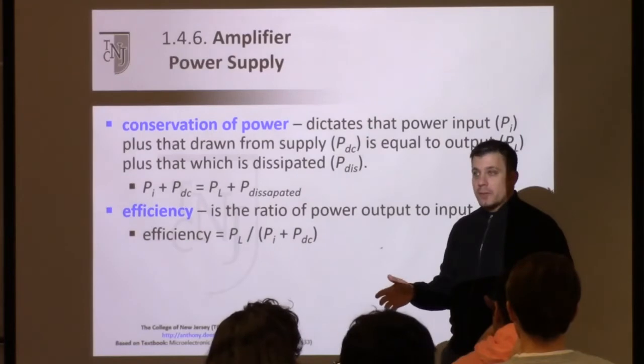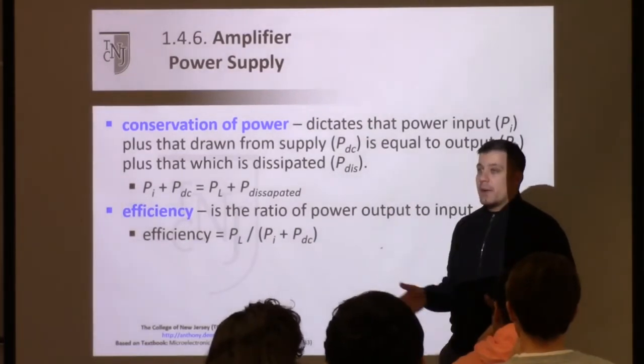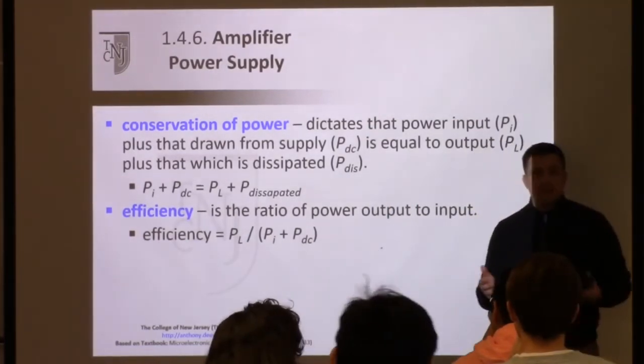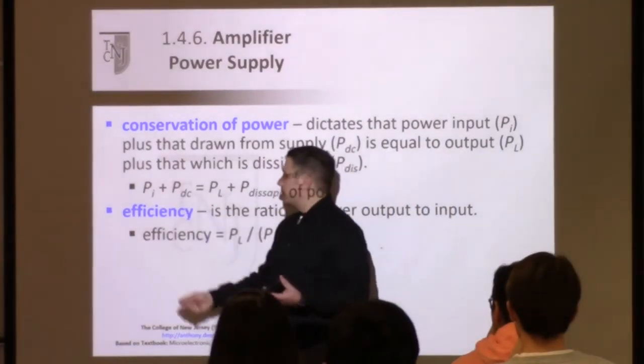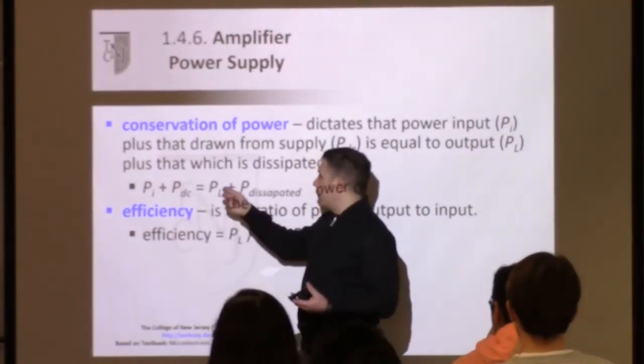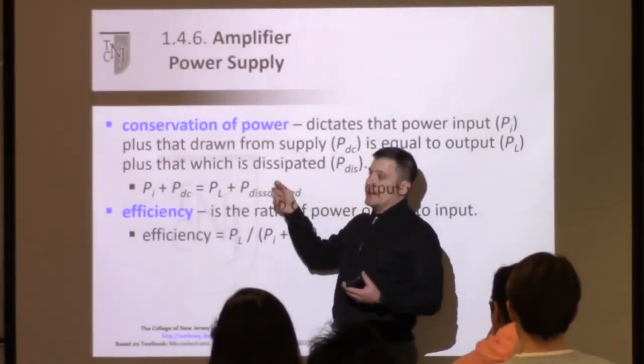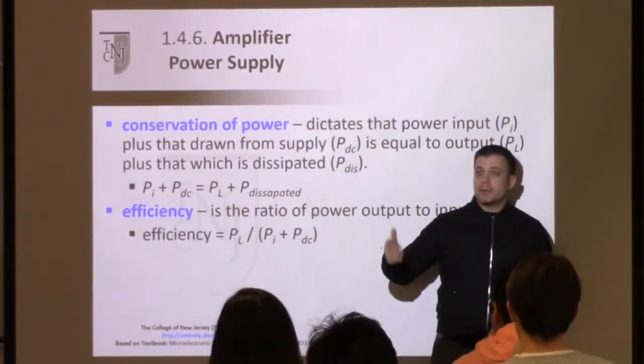So if you look at all the different terminals, all the different ways of power going in and out of the system, they should all sum to 0. The signal inputs, the DC inputs, the main output, and then heat, which is not necessarily shown on the electrical diagram.